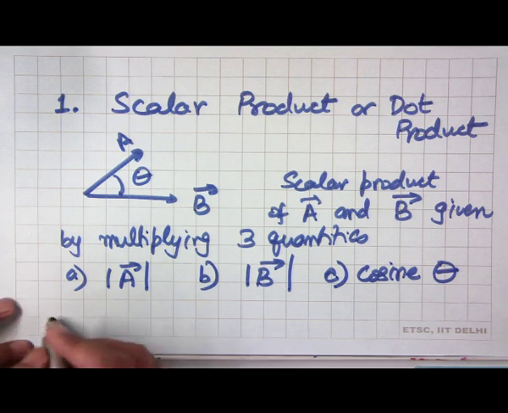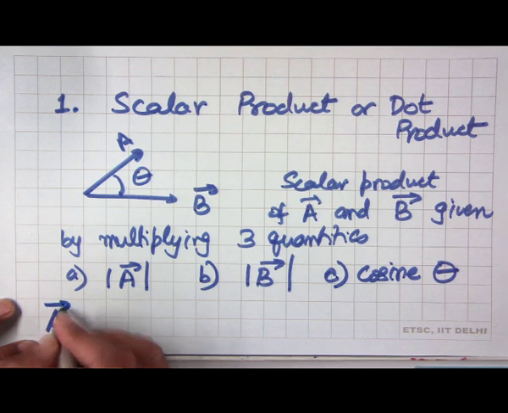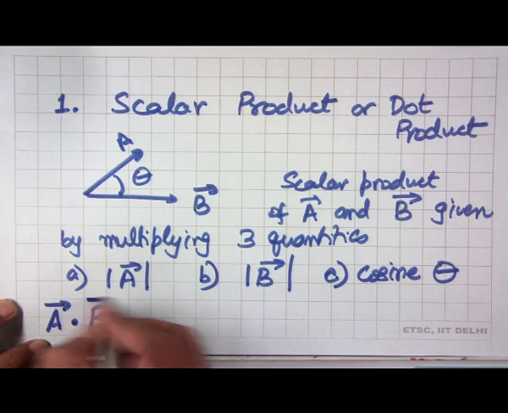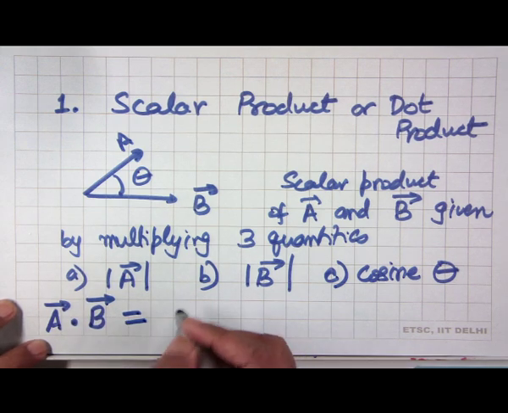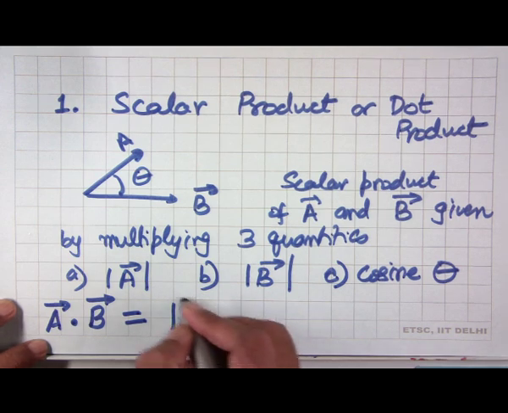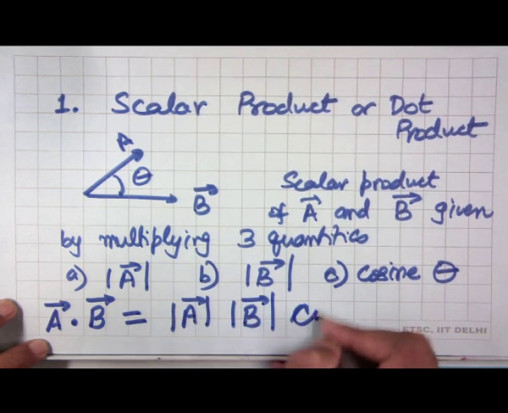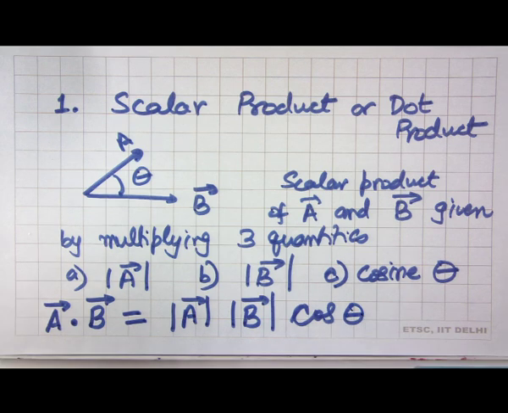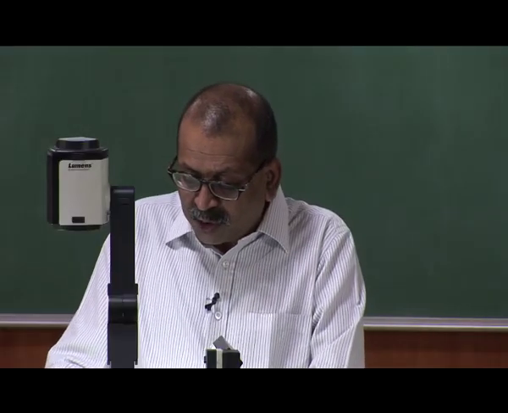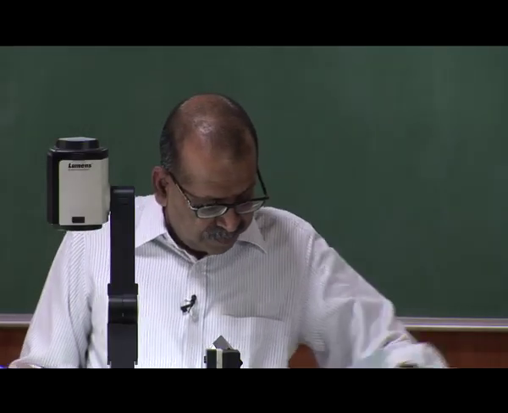And so, we denote this as vector A and we use the symbol dot, A dotted with B, this is equal to the magnitude of A times the magnitude of B times cosine of theta, where theta is, as I have explained, the angle between A and B. So, this product, because all these are scalar, is a scalar. So, dot product is always a scalar.